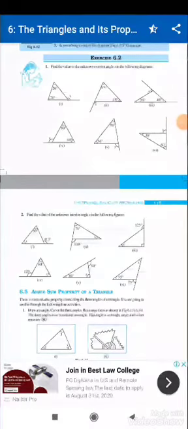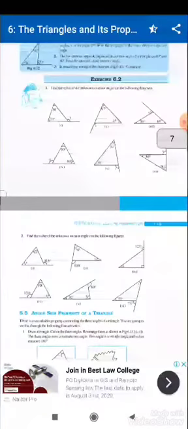Now move to our exercise 6.2, and the first question of this exercise is: find the value of the unknown exterior angle x in the following diagrams. As we all know, the exterior angle is equal to the sum of the interior opposite angles.